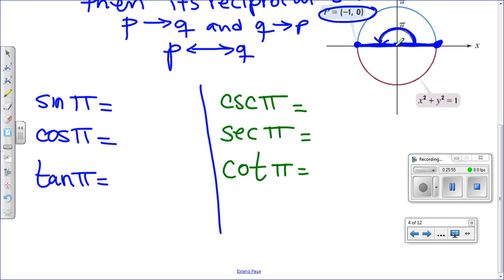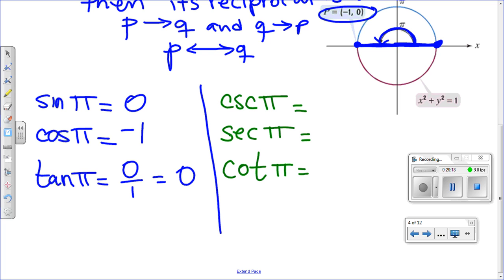Tell me the y coordinate. We're on 0. Very good. Cosine of pi, will you? Regina, tangent of pi. 0, very good. So it's 0 over 1, and that makes it 0. Cosine is negative 1.